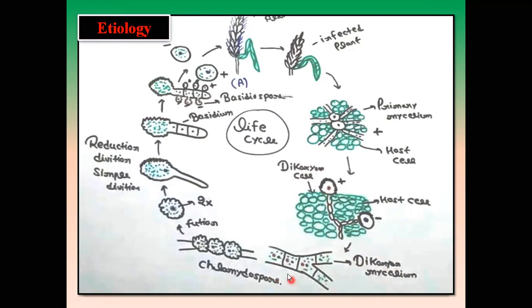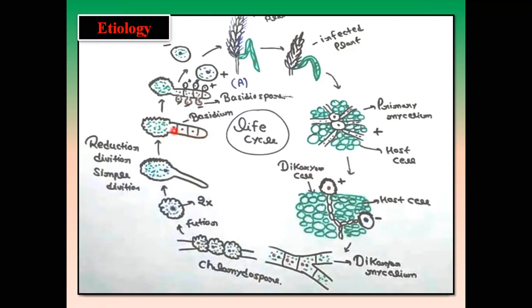After favorable conditions, this dikaryon mycelium germinates and produces the chlamydospores. These chlamydospores germinate under favorable conditions and produce the four-celled promycelium. Okay, so this is the 1, 2, 3 and 4.